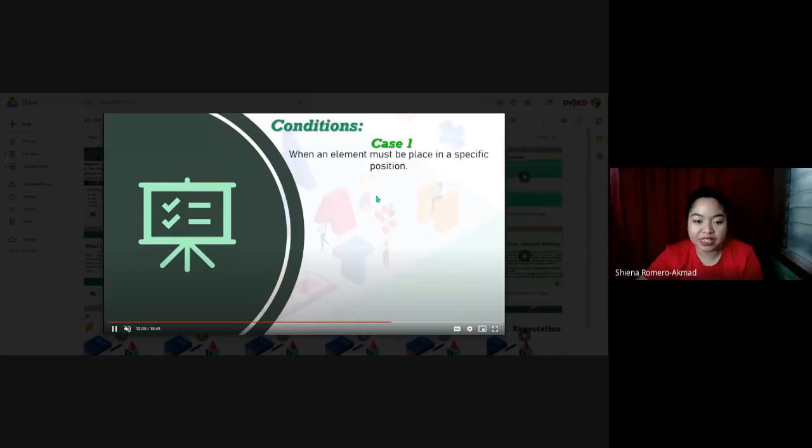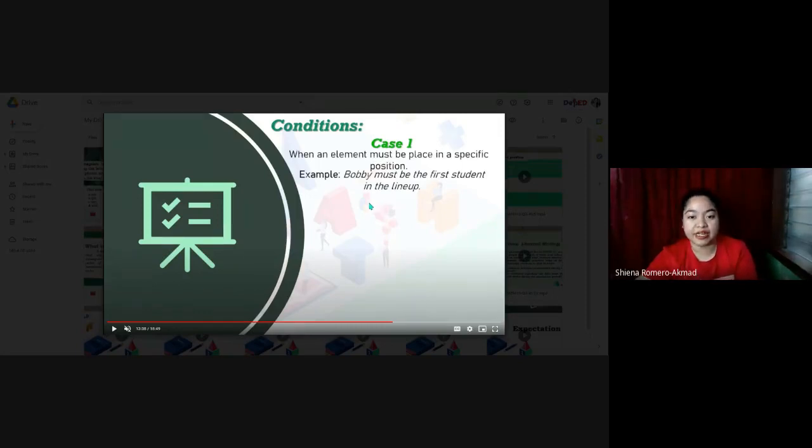An example of this is: Bobby must be the first student in the lineup. So when you see that kind of condition, of course, that is case number 1, where you have to place the object in a certain position.